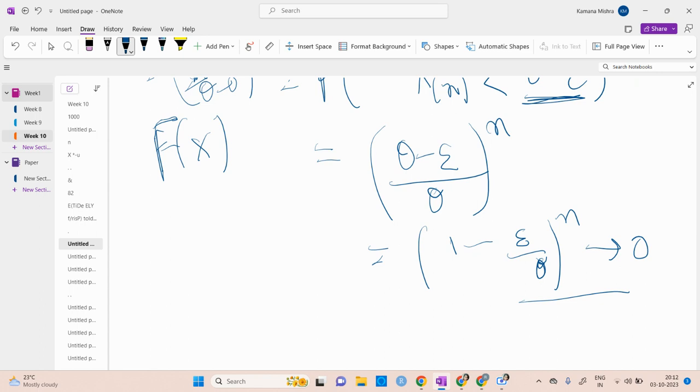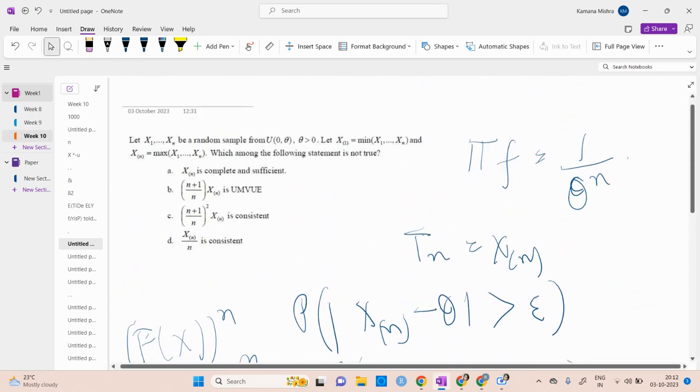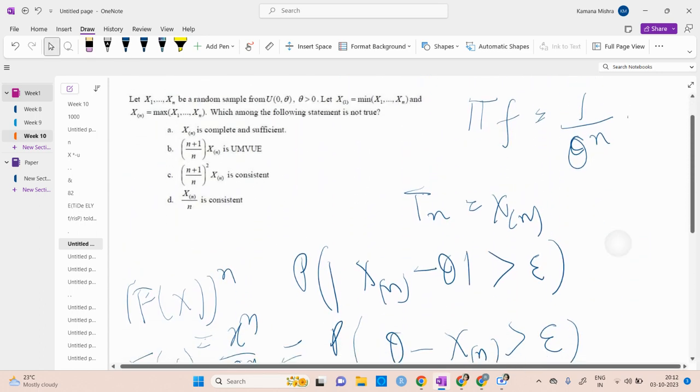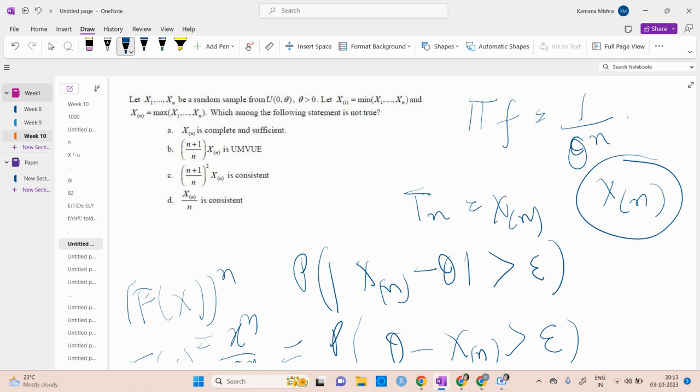So the probability goes to 1. Now we know Xn is consistent. The complete proof is given in the sub-class, so that you can see.